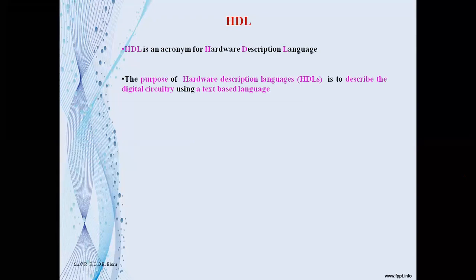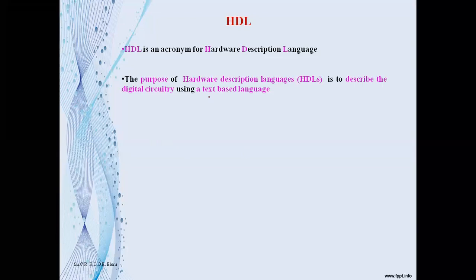What is the purpose of hardware description languages? The purpose of hardware description languages is to describe the digital system, or the digital circuits, using a text-based language. Usually we have different types of languages.